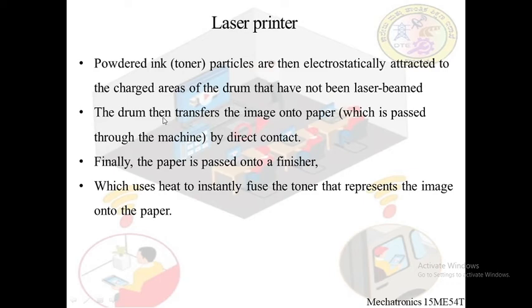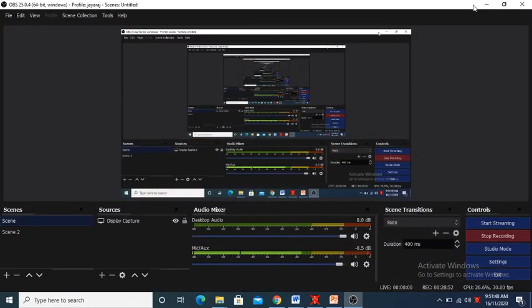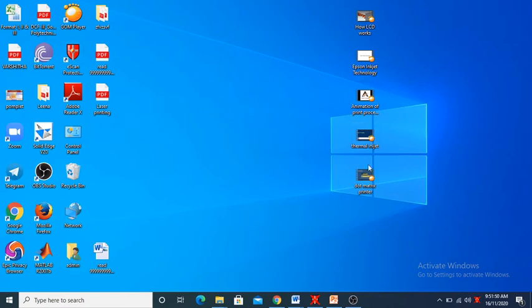The drum transfers the image onto the paper by physical contact, because the drum has the toner powder attached to it at the localized portions, which forms the mirror image of the document or the letters or the image to be printed. The paper is passed on to the finisher, which uses heat to instantaneously fuse the toner that represents the image onto the paper. We understand this using a simple video.